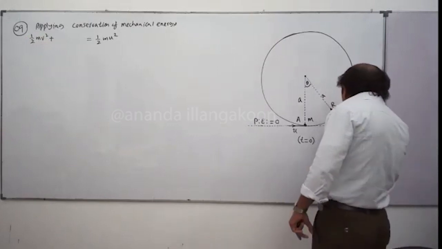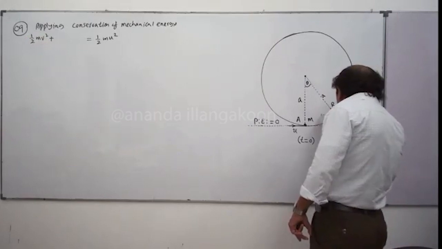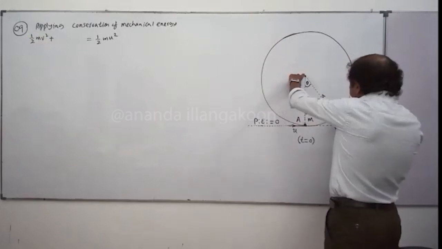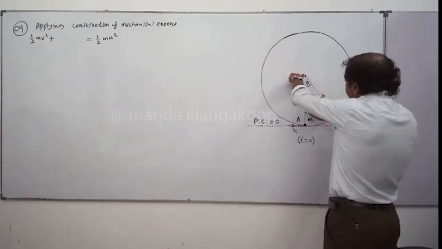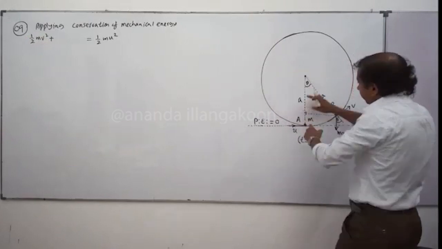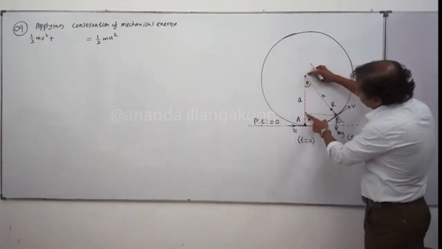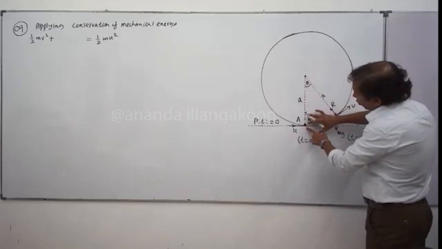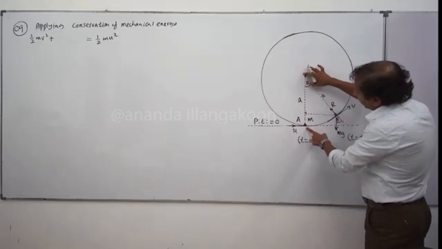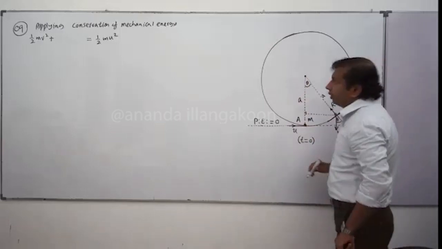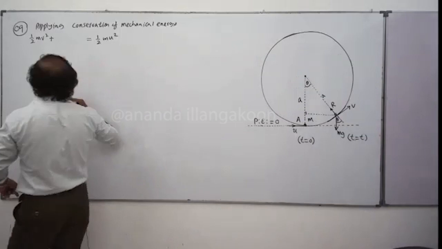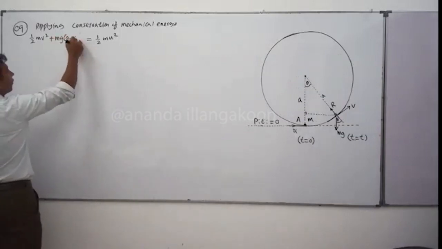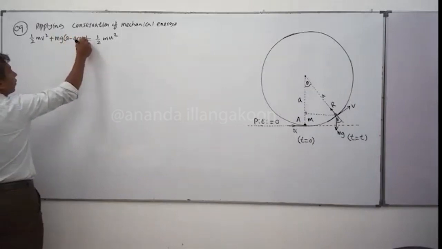When I drop a perpendicular like this, the radius is a, this angle is theta, therefore from here to here is a cos theta. From here to here it is a. Then this part is a minus a cos theta, so mg times (a minus a cos theta).